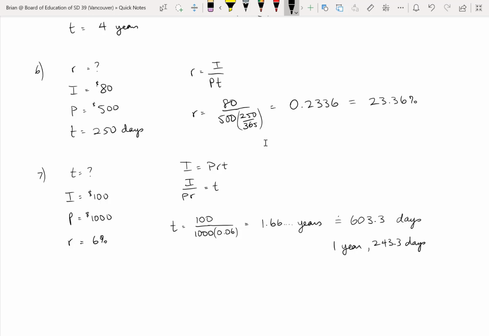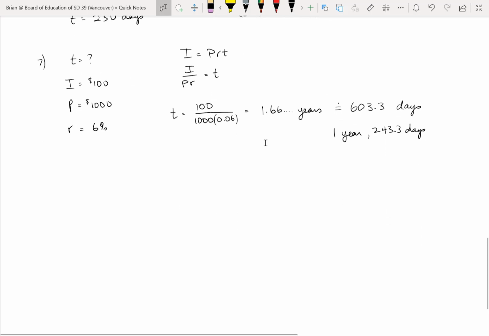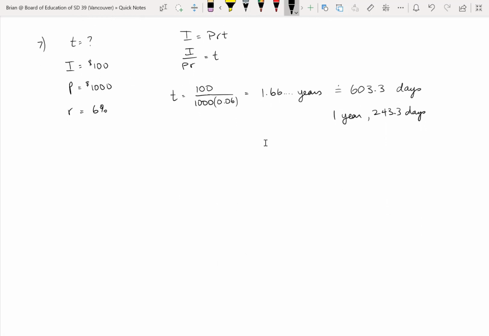Okay, now there's one last thing, which is pretty straightforward, which is a capital A. When you see a capital A, what it stands for is an accumulated balance, or an accumulated amount. And all the accumulated amount means is that we take into account the principal that we invested, and then how much interest we earned.